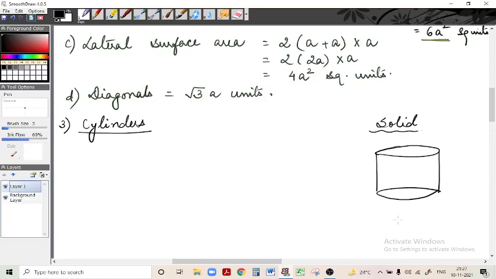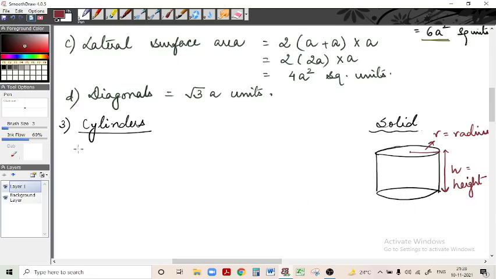So suppose r is the radius of the cylinder, and this part h is the height. Okay, h is the height.